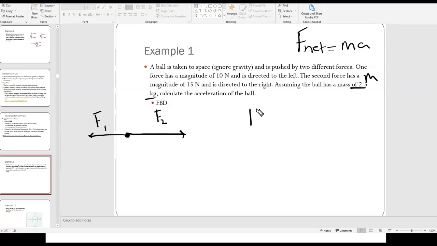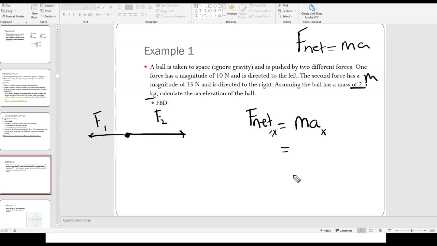Step 2, determine if the object is accelerating or not. I'm going to start with my second law equation. F net equals ma. Specifically here, because these forces are horizontal, this is F net x, and this is ma x. Step 2 says to figure out whether or not the object is accelerating.